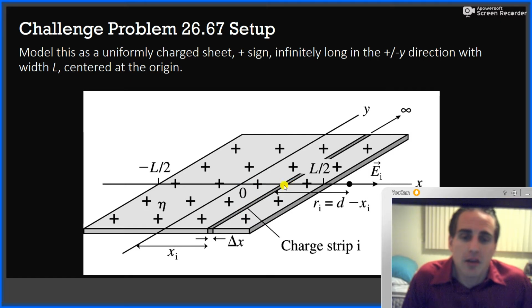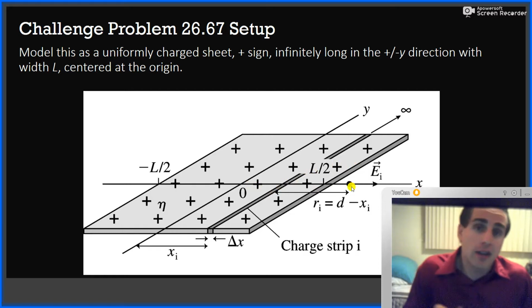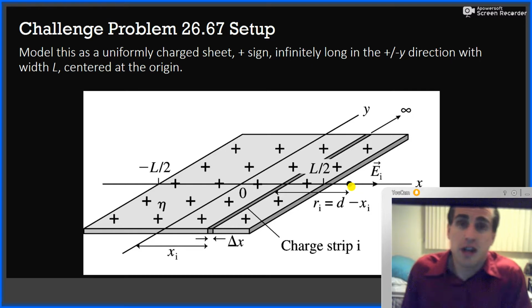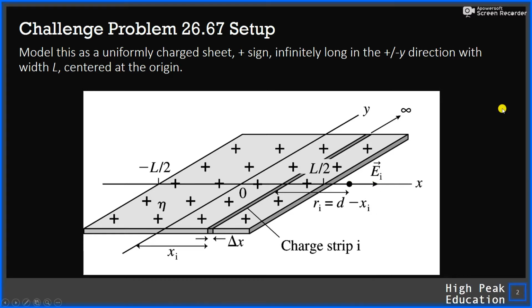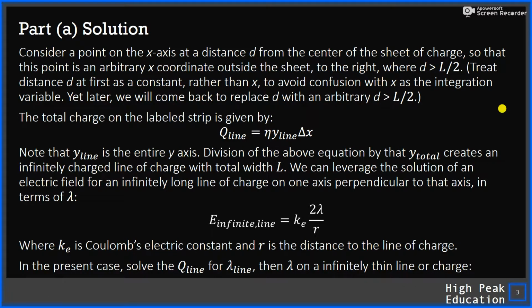And so we'll get to this distance, but if we call the distance between the strip and the point D, r, like a radius, then that'll end up being d minus x. So if the entire distance is d, if the distance to the strip is x, then d minus x, which is the radius, will be that distance between the two of them. Okay, so let's proceed forward and set up the mathematics of this problem.